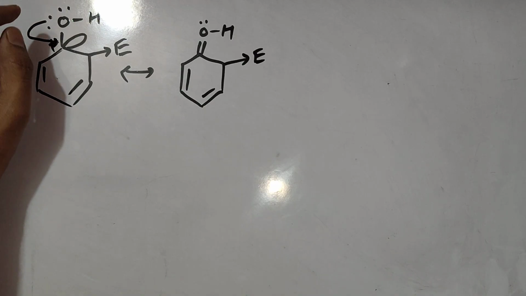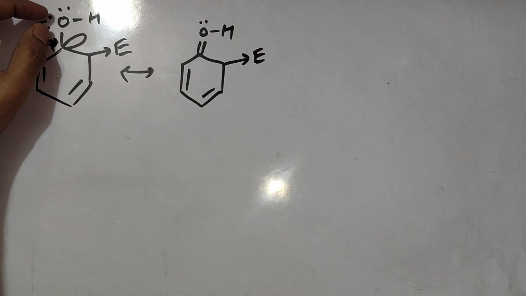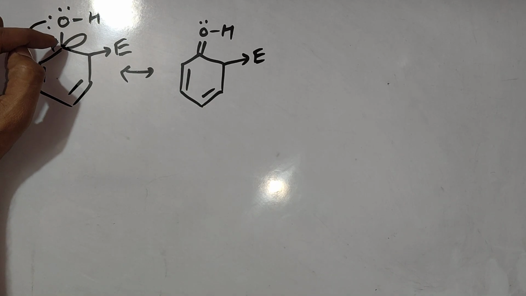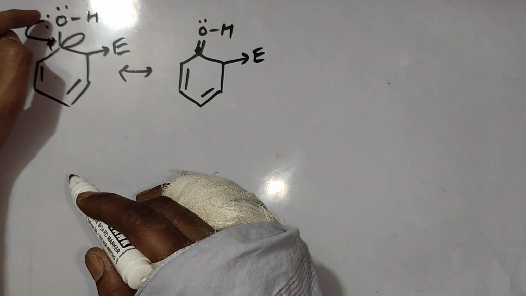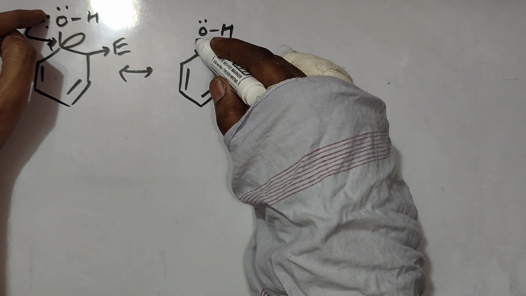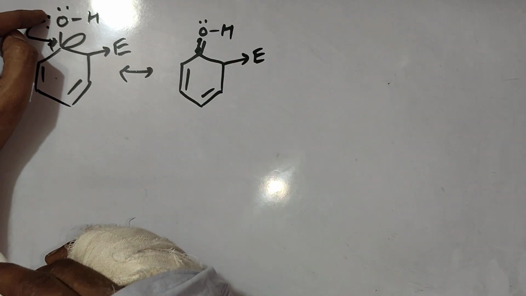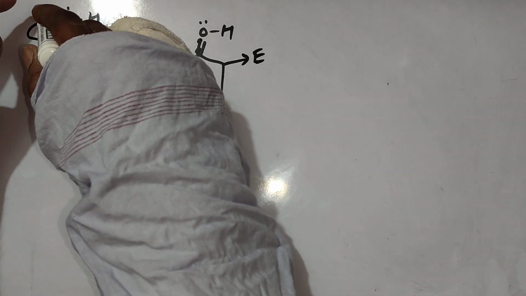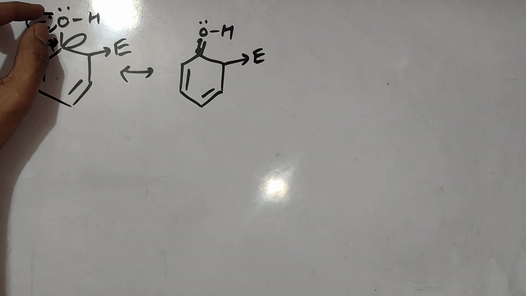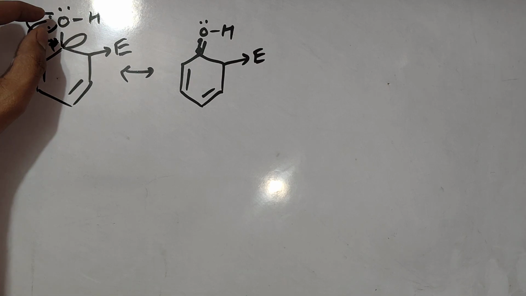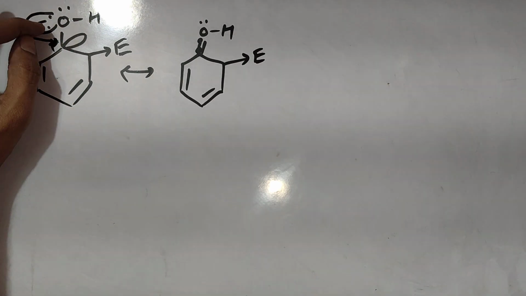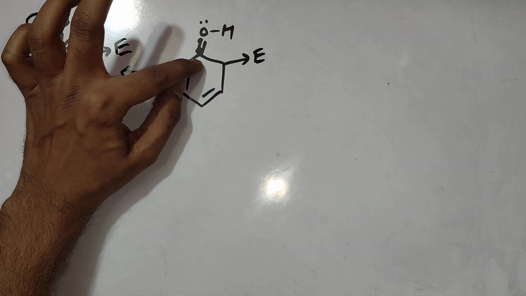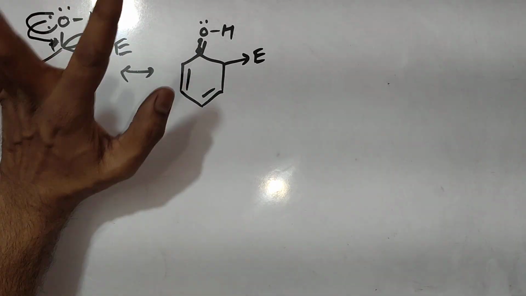Now what oxygen has done is pass one electron completely toward this carbon, and one electron it is keeping with itself. And how has it done it? This was a lone pair, and this is the vacant orbital. So the lone pair will come here, the vacant orbital will come here, they will overlap, and one electron will completely transfer toward the carbon and one electron it will keep with itself.